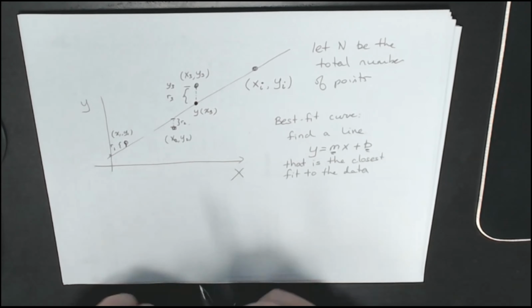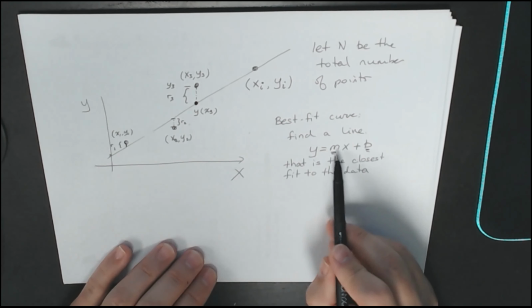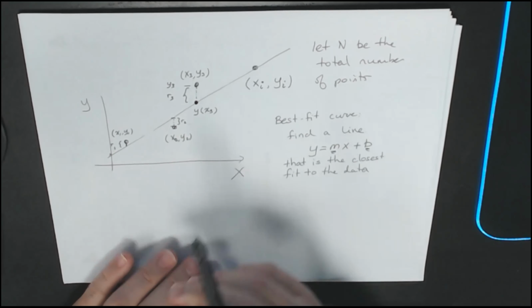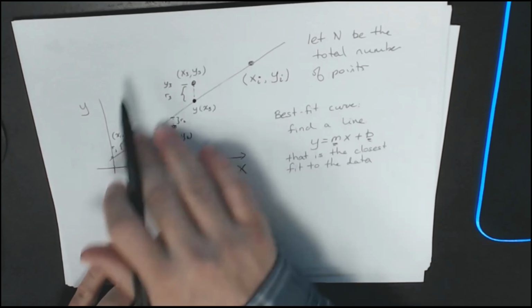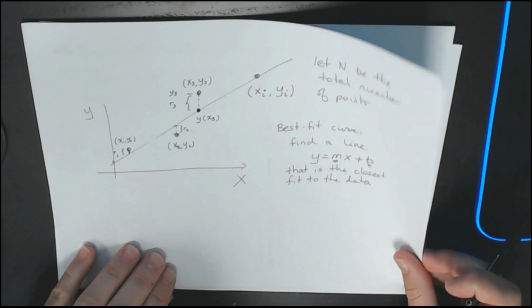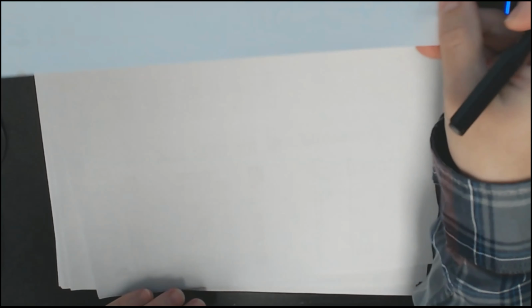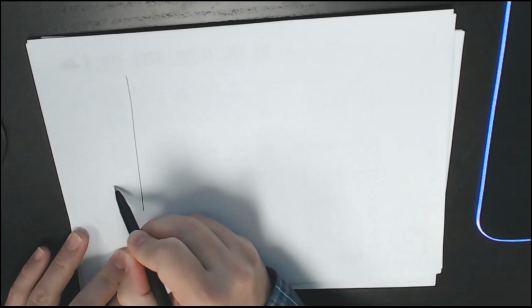The goal in finding the correct m and b is to figure out a way in which all of these residuals are as small as possible. Before I do it for this problem, let me do it for the zero-order polynomial, because I think that's easier to understand. So again, imagine that I've got some data.